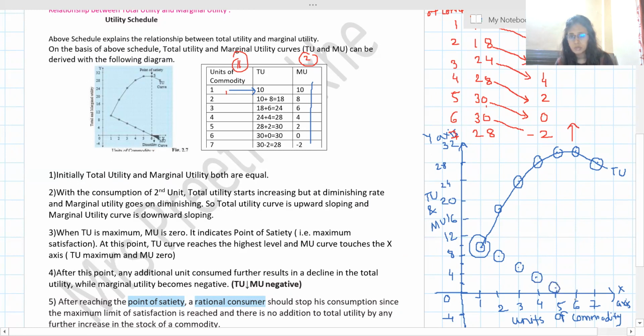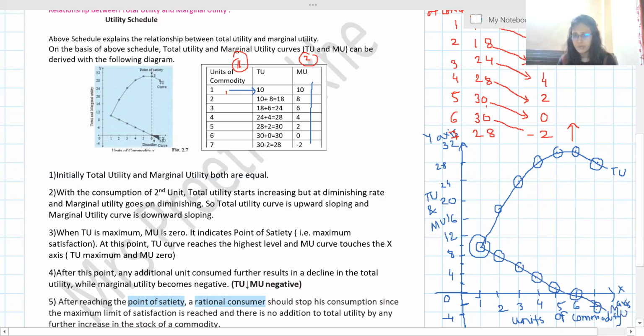At the sixth unit, it is 0. 0 is intersecting the x-axis, so it will come here only. And 7 is -2. It should be somewhere here, because it goes in the negative quadrant, and -2 will appear here somewhere. Okay, if you join this, it will come as a straight downward sloping curve.